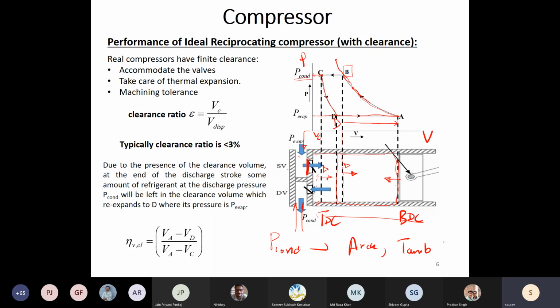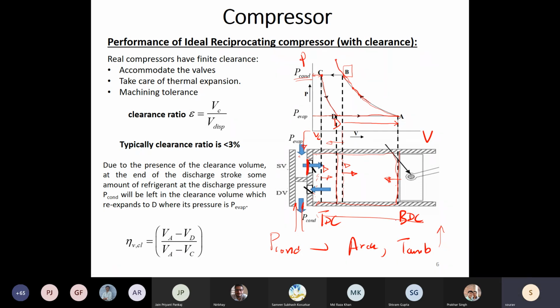Definitely if you have a higher ambient temperature, it will lead to higher condensing temperatures and hence condensing pressures, and hence the back pressure on this valve will be higher. So your compressor will have to compress to a location much closer to your top dead center.